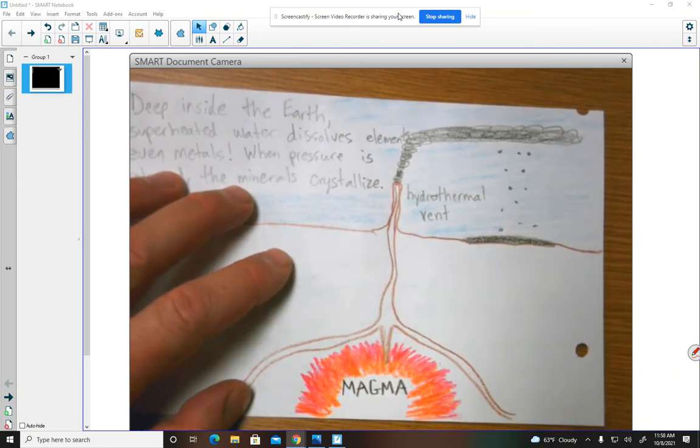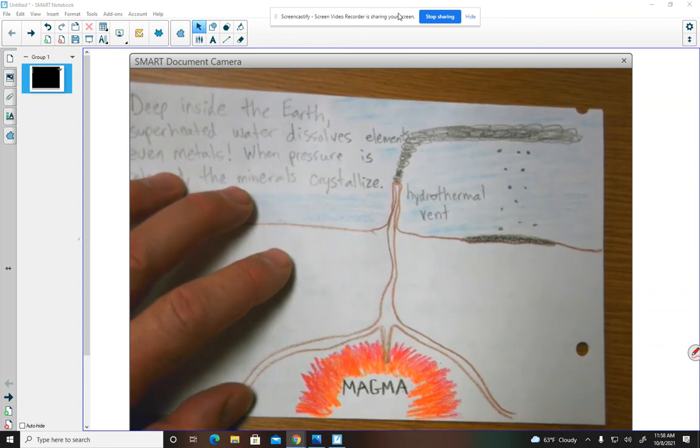And I think we'll finish it off with a glowing yellow. That's cool, isn't it?